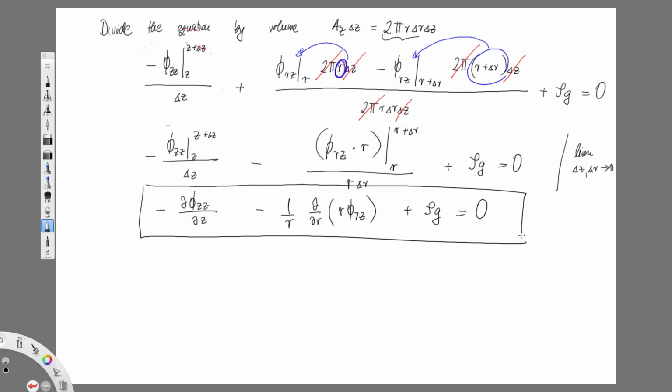So this is our main partial differential equation. The term 1 over r, partial r, r phi rz is something you're going to get in cylindrical coordinate system. It's compensating for the fact that my areas in the r direction scale with r. So in spherical coordinate system, what do you expect to have?